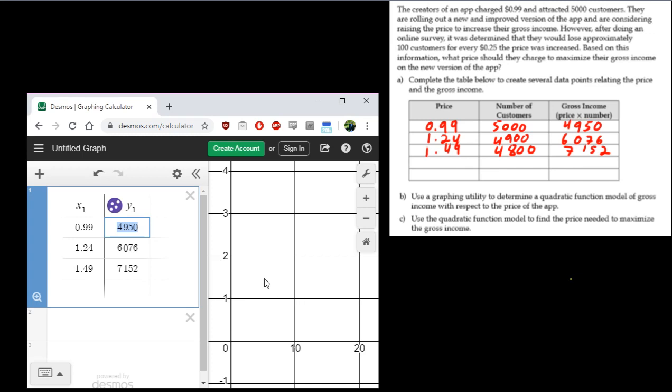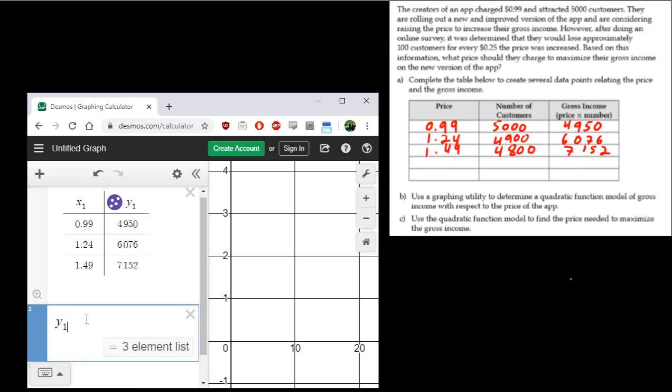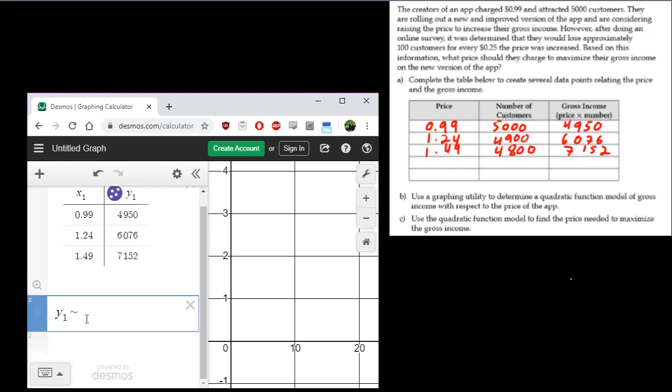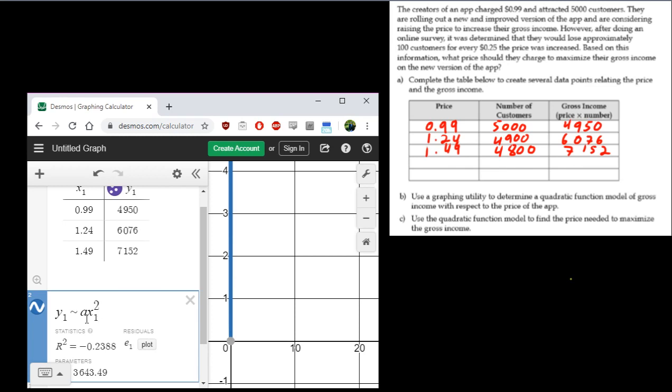I don't see any of my points here. That's a problem, but let's address it in a second. Let's go ahead and do a quadratic regression. So y sub 1, and we've learned this from the previous lessons, so we just want to make sure that we're still comfortable with this.